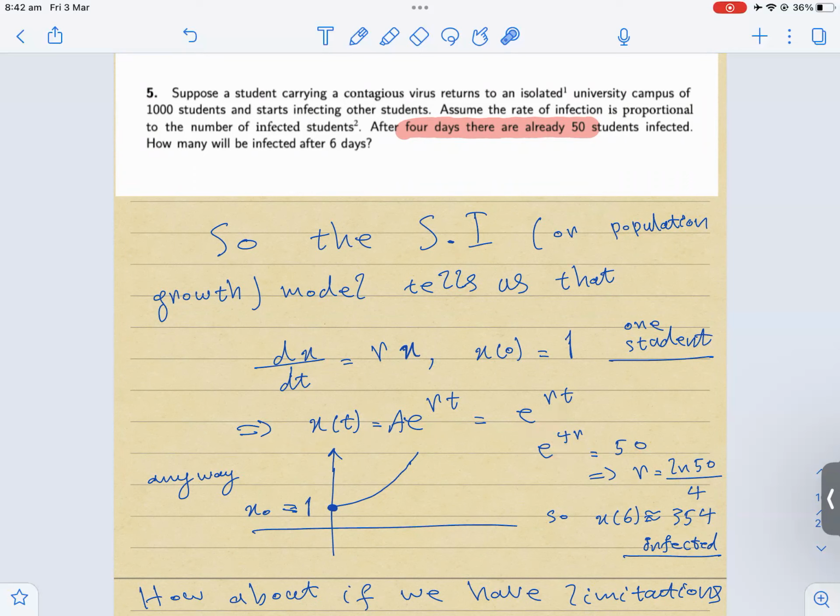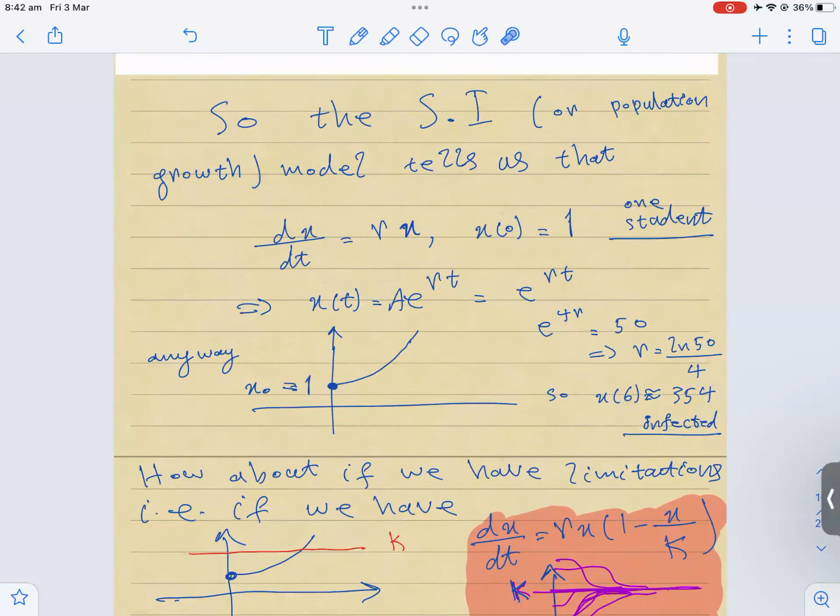I have another piece of highlighted information, the red one: e to the 4r equals 50. So I can calculate r, and then I am able to calculate x of 6 equals 354. You see that the general solution is exponential, and if my initial value is 1, then it starts and keeps growing.